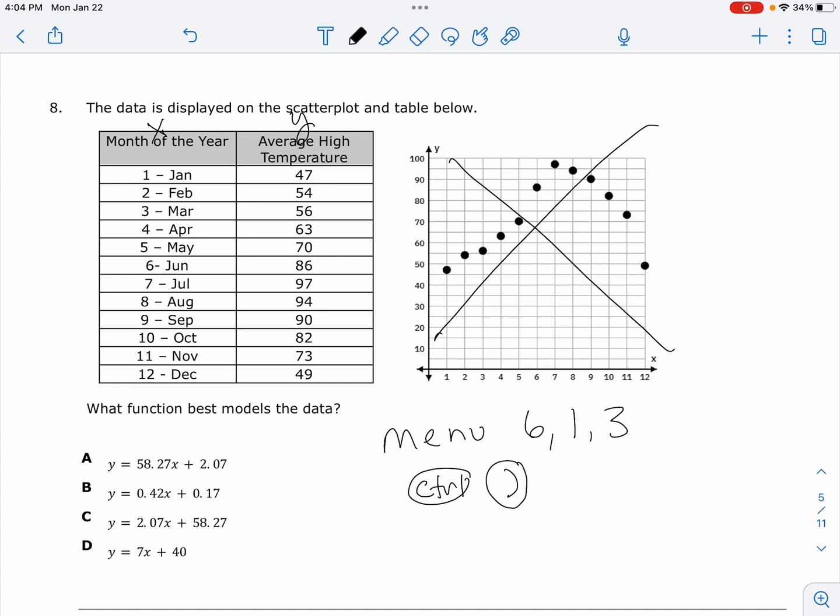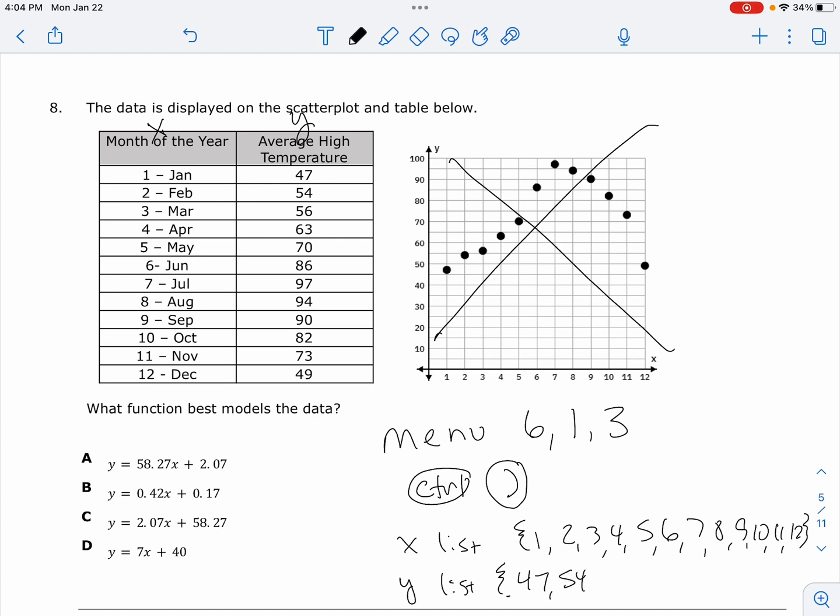So my X list is going to look like this: 1, 2, 3, 4, 5, 6, 7, 8, 9, 10, 11, 12. Close my fancy brackets. My Y list will be all of the Y values, 47, 54, all the way up to 49, which I'm about to do right now.